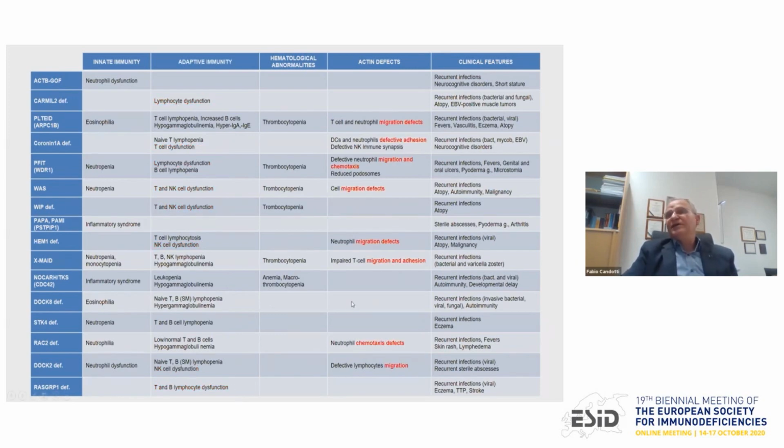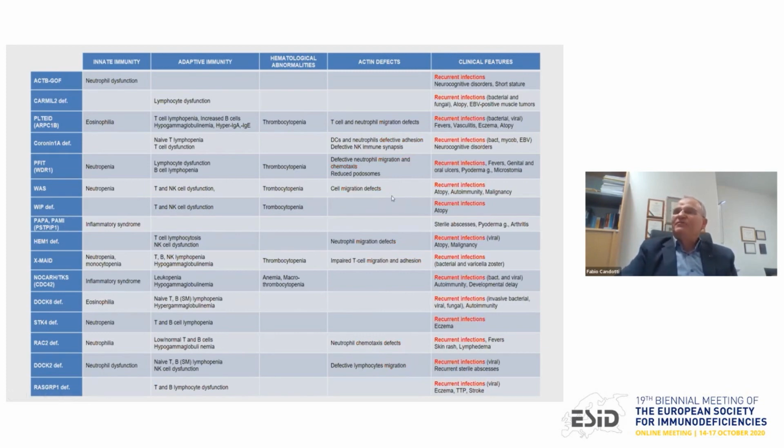Not unexpectedly, we also often find migration defects, adhesion, and chemotaxis defects that reflect the problems of actin polymerization and remodeling in these diseases.